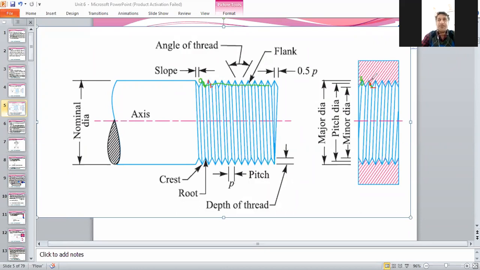But the points which I have mentioned are always in contact with each other. It is assumed so, for the better, or efficient, fastening.